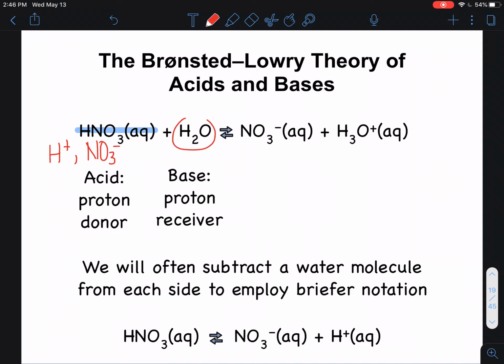And because it's in water, it's going to protonate water to form our hydronium ion. We should put brackets around it, but that's okay. So water, again, acts as a base, specifically a Bronsted-Lowry base.